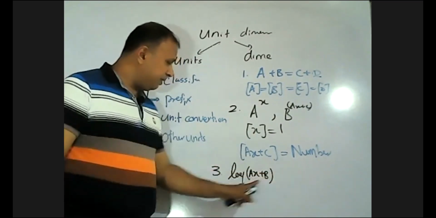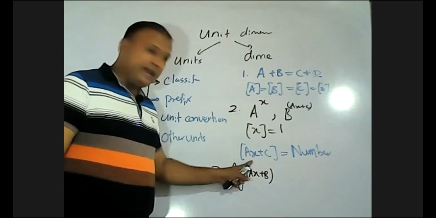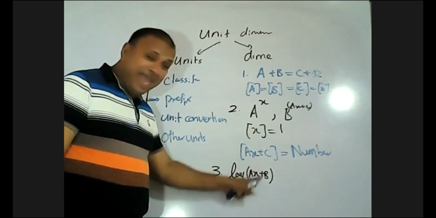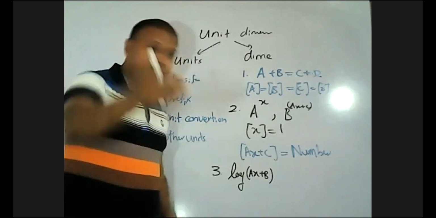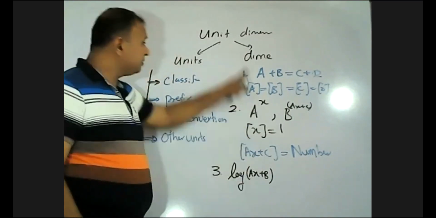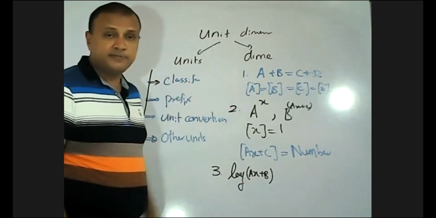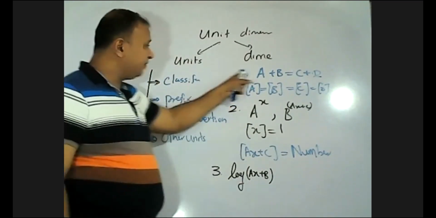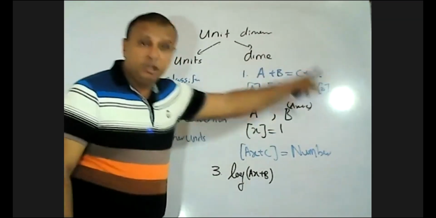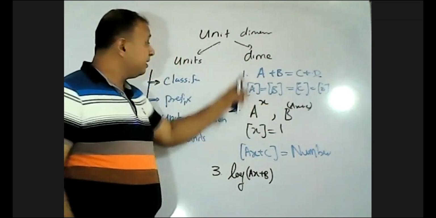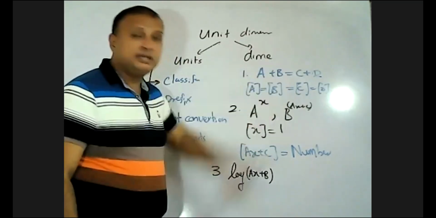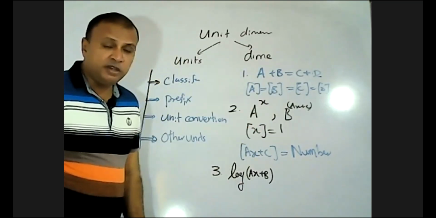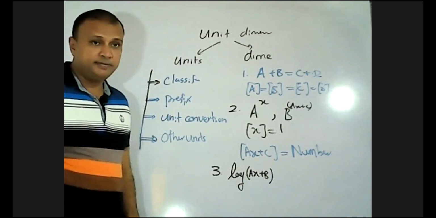So if it is a number, separately ax should be a number and bx should be a number, because according to this factor, if there is an equation, every term in a particular equation should have the same dimension.